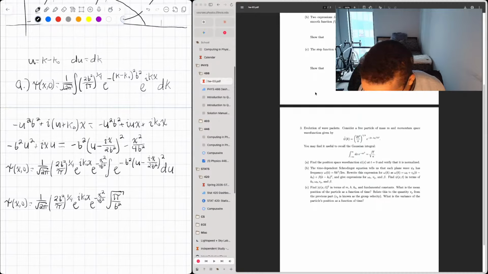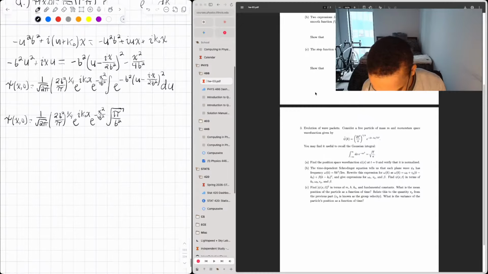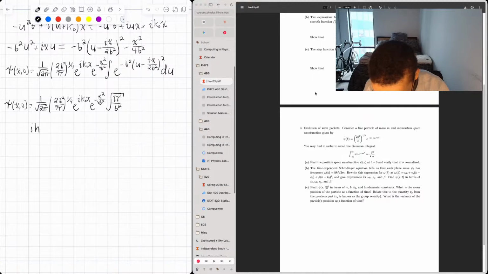Okay, so the time-dependent Schrödinger equation. Okay, if I remember this correctly, so we take the time-independent Schrödinger equation. Well, first of all, we have to find the derivative with respect to t.